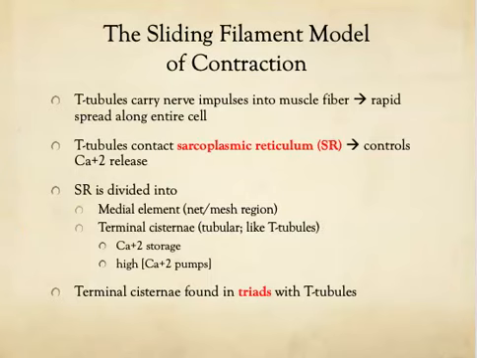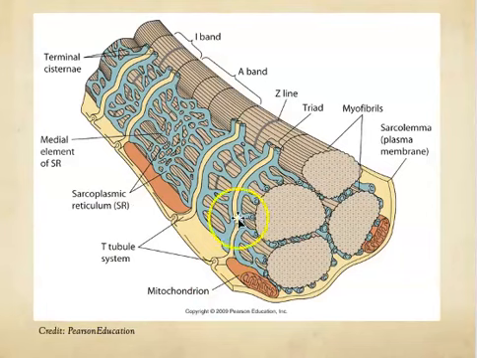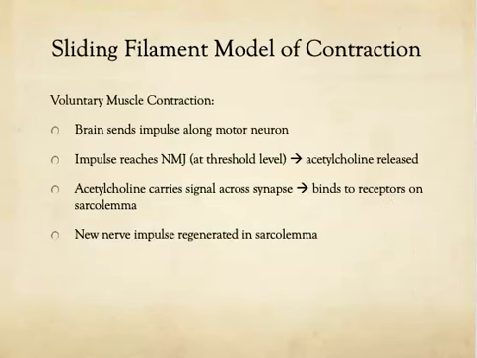The electrical signal comes down the membrane in the T-tubule area and triggers the release of calcium from the terminal cisterna, and that calcium just floods this whole muscle fiber. It just rushes through the cytoplasm in the muscle fiber and starts this process.